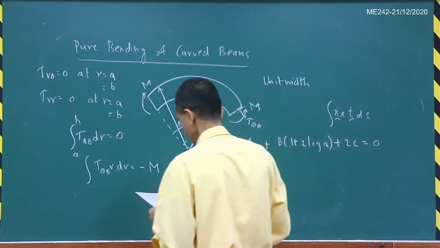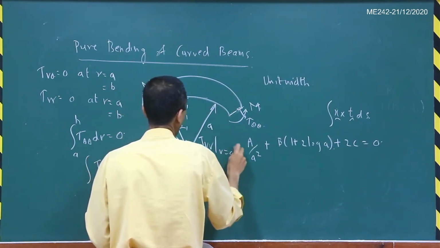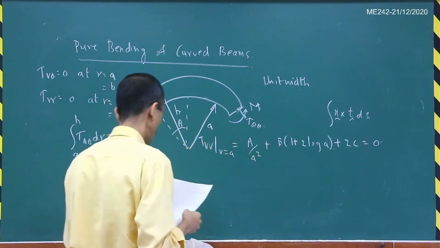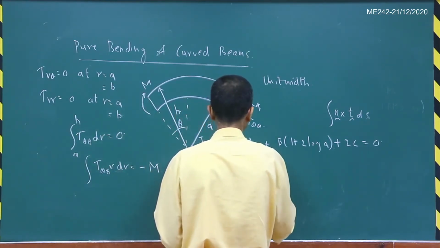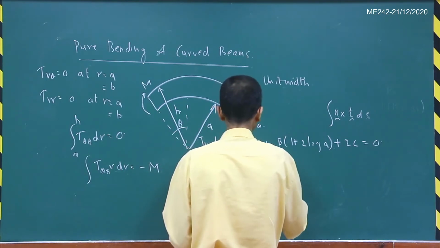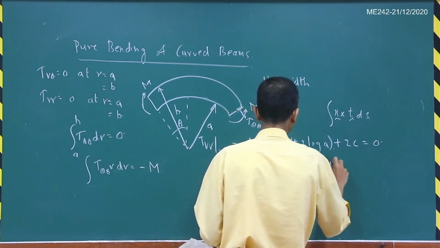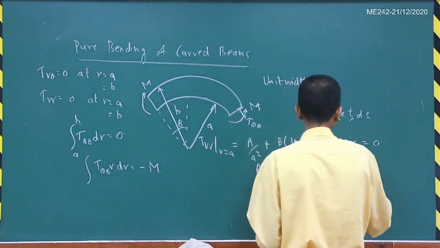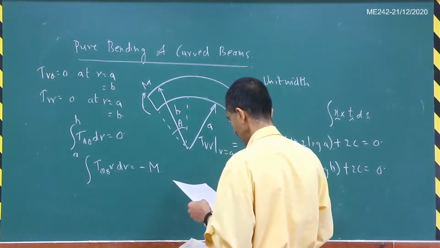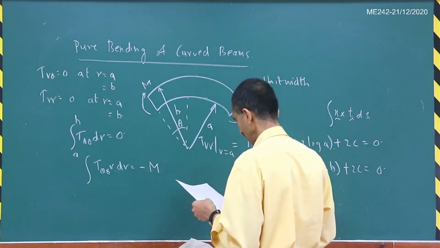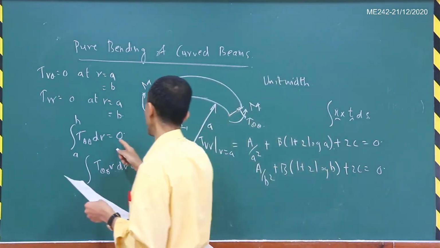This is the boundary condition that tau r r at r equal to a is this particular expression. Then similarly, you will get A by b squared plus B times 1 plus 2 log b plus 2C is equal to 0. That is another condition. And we also have that the integral of tau theta theta dr is equal to 0.